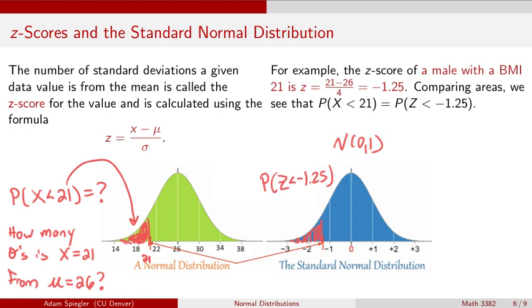And so we can see that the area, again, corresponding to the proportion of men that have a BMI less than 21 is equal to the area to the left of the z-score minus 1.25 under the standard normal distribution. But we're going to calculate these probabilities more precisely using R in a moment.